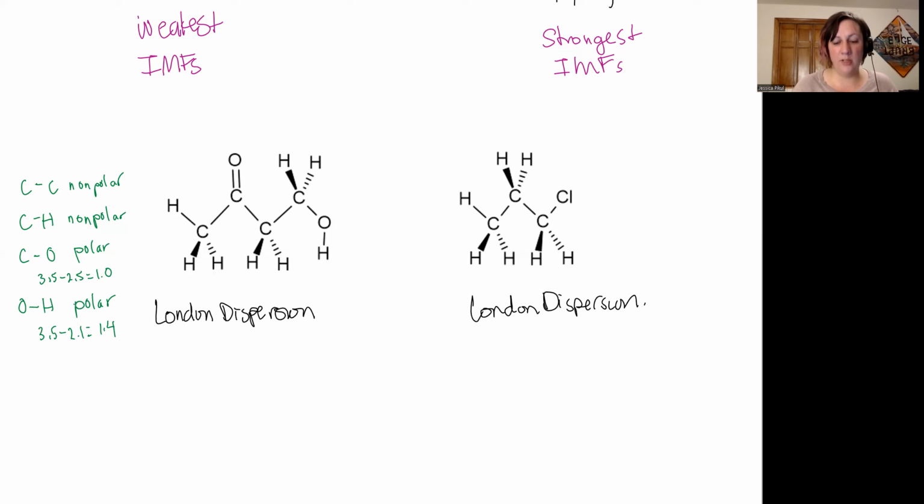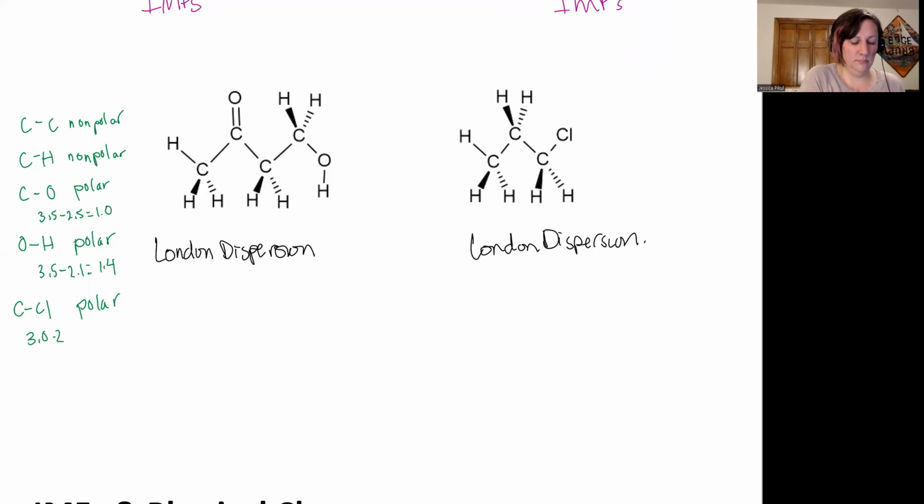In our second molecule, we also have a carbon-chlorine bond, which will be polar. Our chlorine is 3.0 and carbon is 2.5. So that's a difference of 0.5. So it is polar. It's on the lower end.